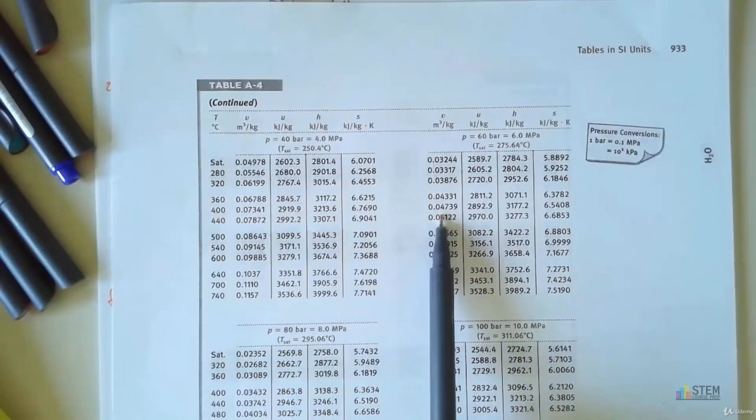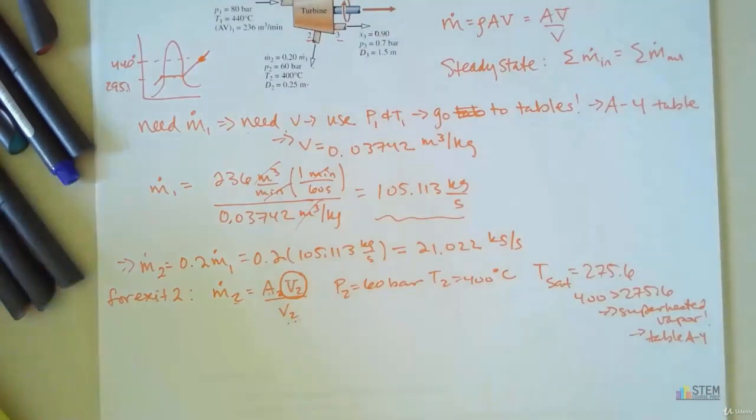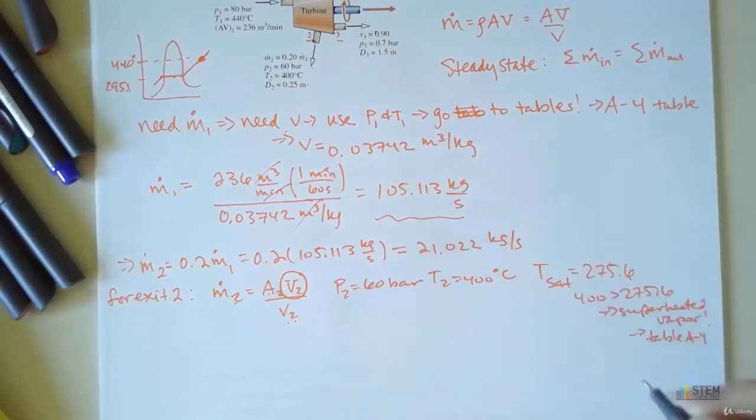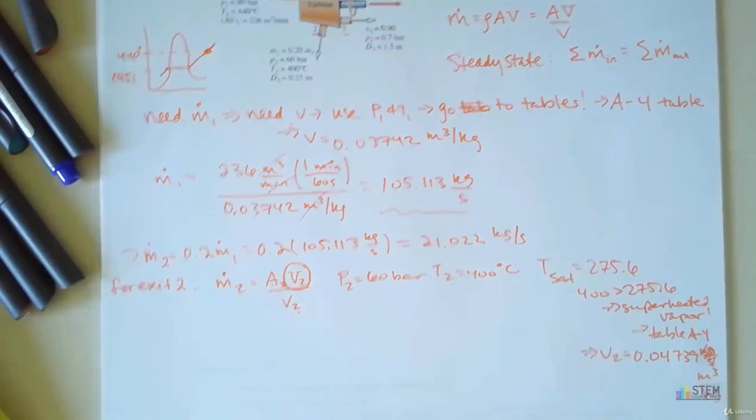Come over here and we get 0.04739. I'll put it over here, and that's not the right units. It's cubic meters per kilogram. There we go. So that's what you get for V2.